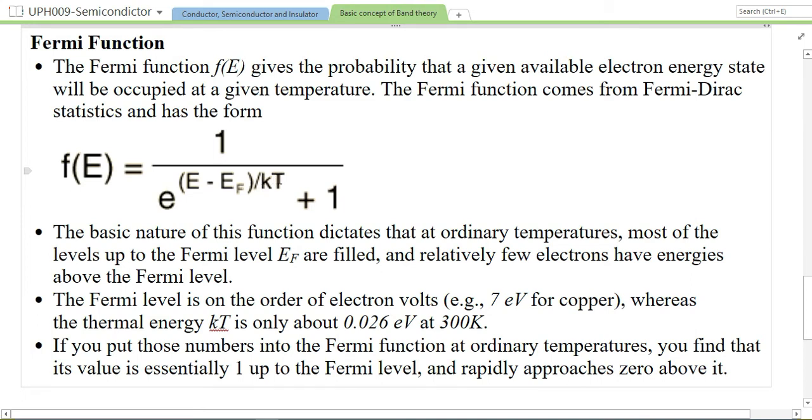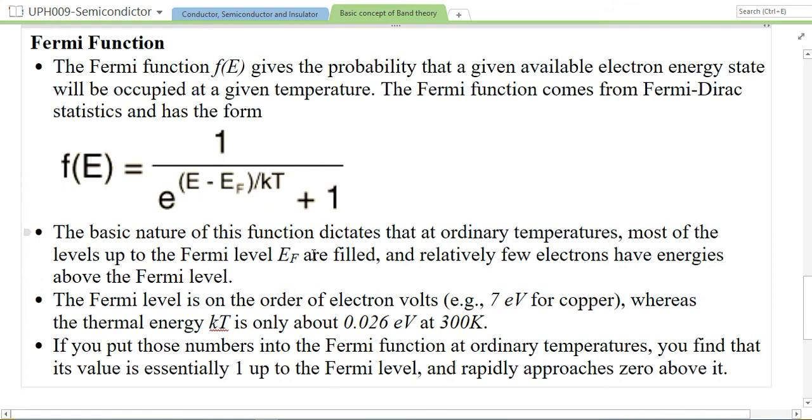So temperature is coming in here. This k is the Boltzmann constant, and for that material, EF, the Fermi energy, is defined. It's always defined. But if you give some energy E, what is the probability that the particle will be at the energy level E? That's the probability.